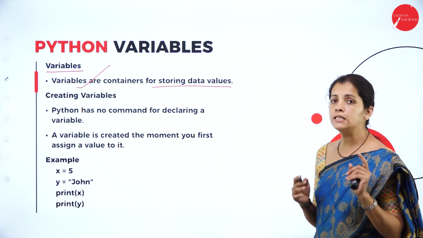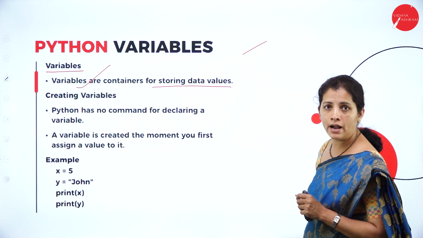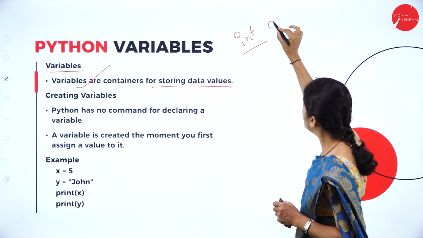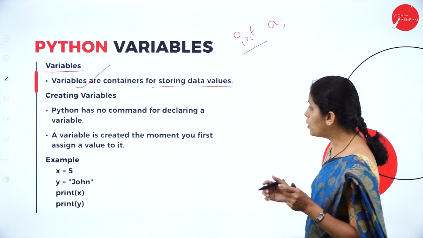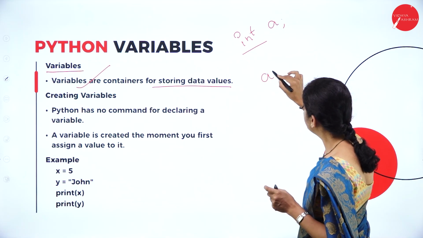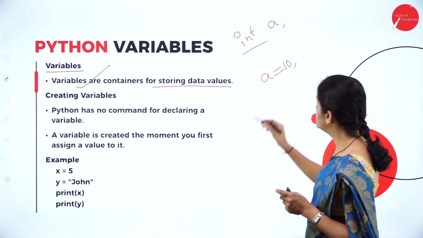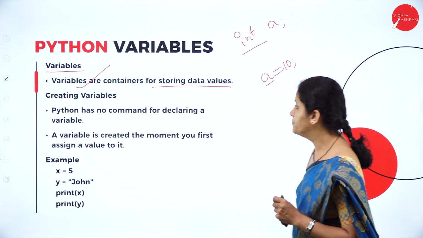So dear students, see the difference here. In C, first I specify the type of the data, then I specify the variable name. But in Python, when I write A equal to 10, what's the meaning? This A is an integer.